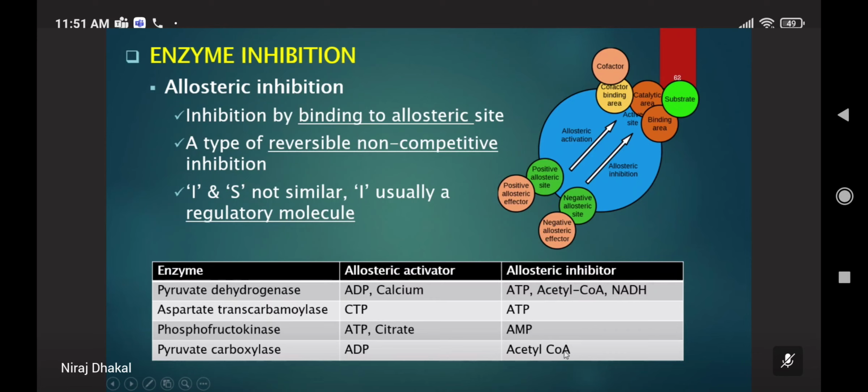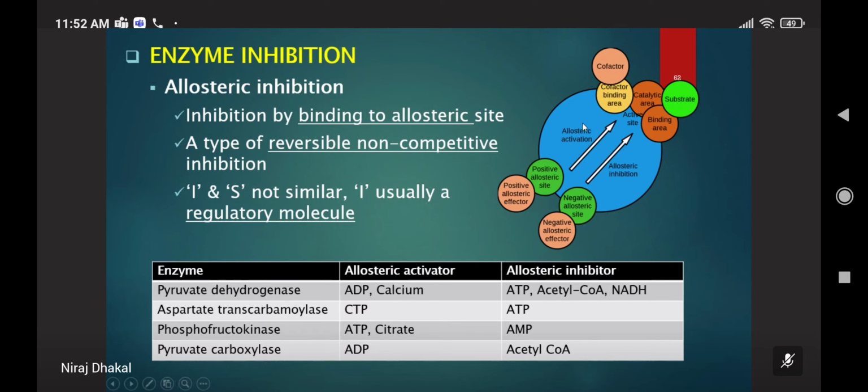The whole metabolic process is enzyme catalyzed, and there is a battery of enzymes. By regulating the activity of enzymes, a particular metabolic pathway can either be activated or inhibited.